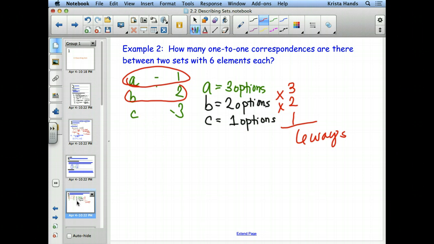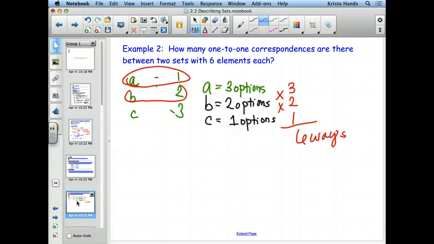And if we actually wrote them all down, A1, B2, C3 and so on, I could actually pair these all together, and I would have 6 different options for how these compare.